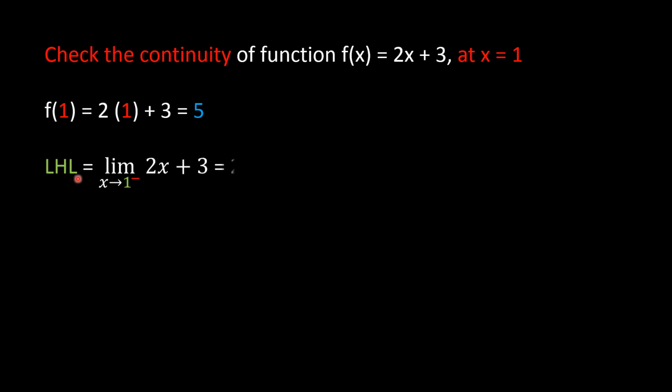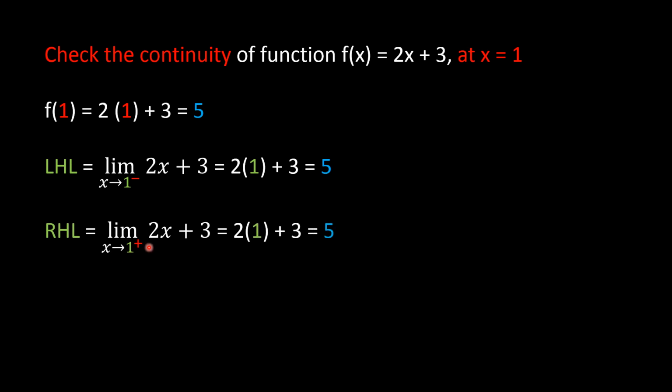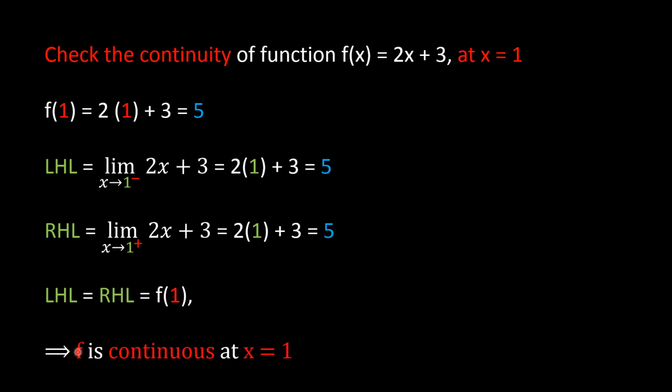Its left hand limit as x approaches 1 negative will be 5. Right hand limit as x approaches 1 positive will be 5. Left hand limit equals right hand limit equals f(1): 5, 5 and 5. We say that f is continuous at x equals 1.